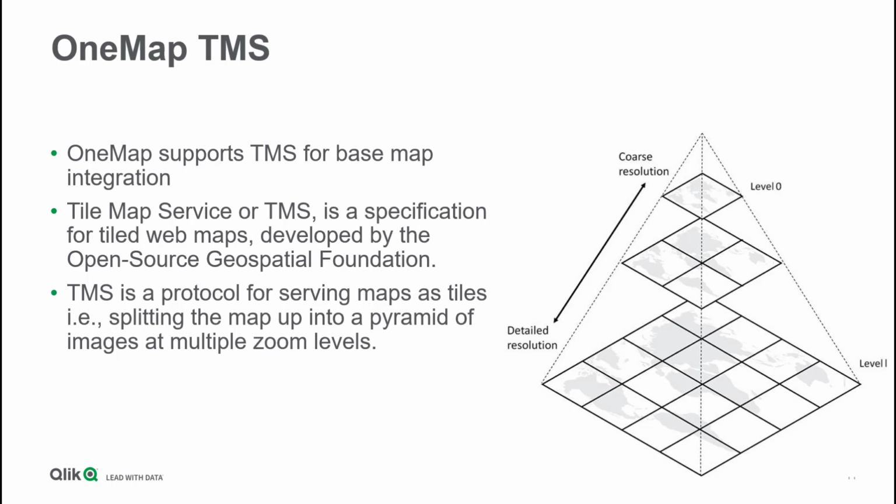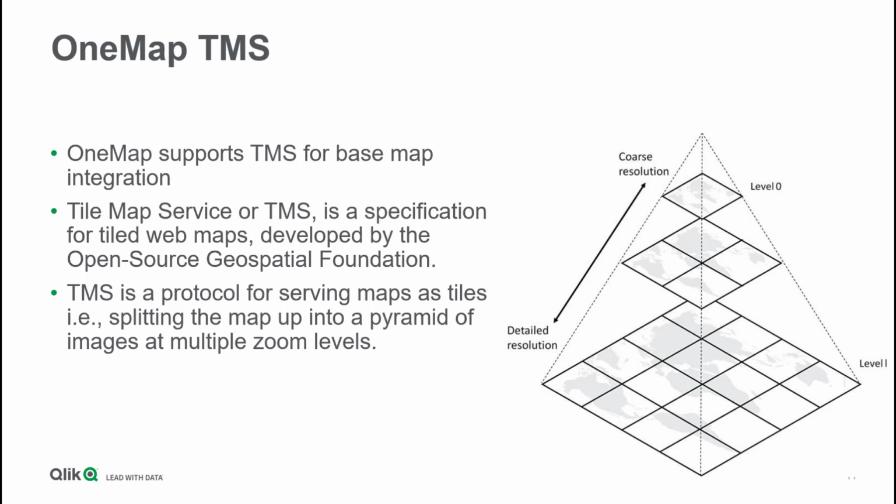The TMS protocol fills a gap between the very simple standard used by OpenStreetMap and the complexity of the Web Map Service standard, providing simple URLs to tiles while also supporting alternate spatial referencing systems.